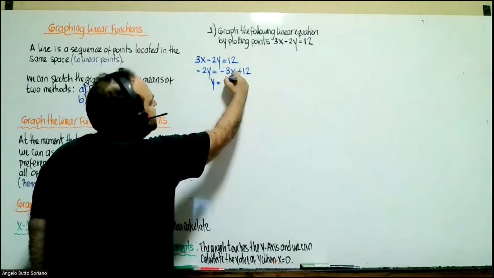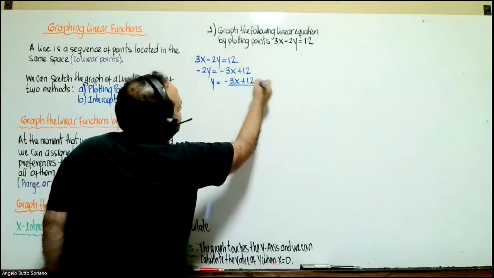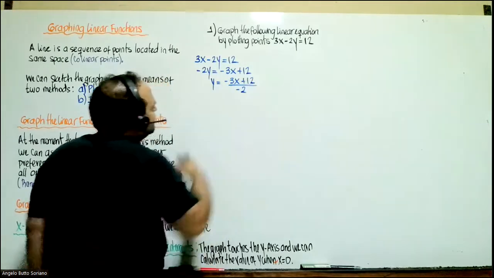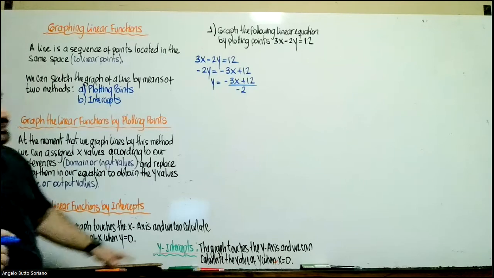So y equals negative 3x plus 12, divided by negative 2. To simplify this expression, we divide both numbers separately. Just in case we have decimals, please leave the problem in fractions.